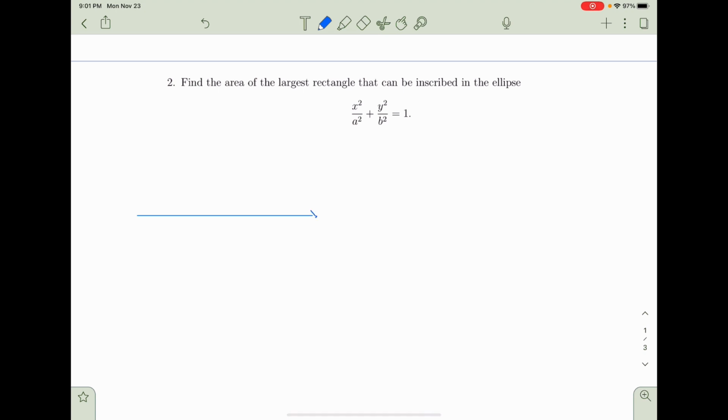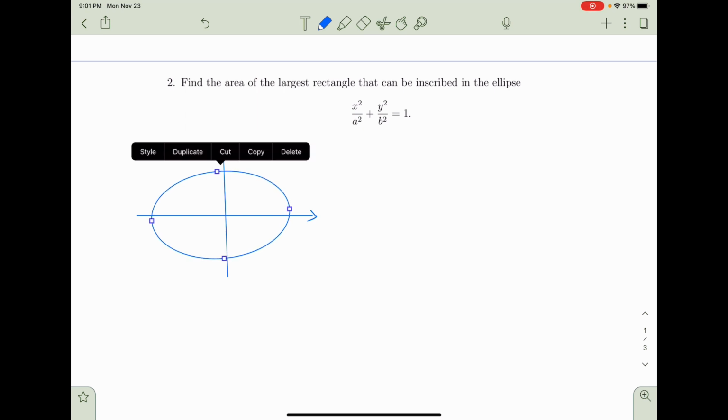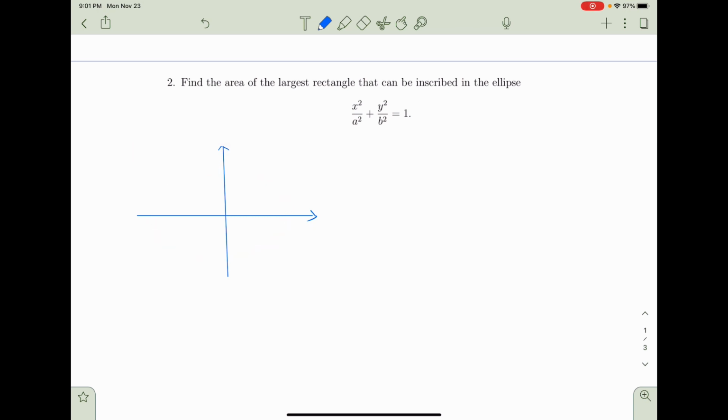Ellipse. It looks like this. That's ugly. Try again. Okay, better.